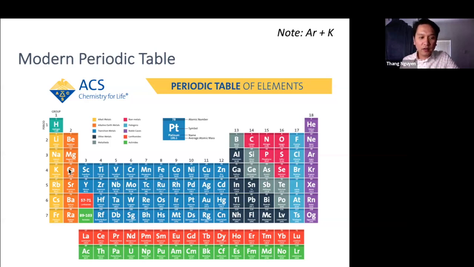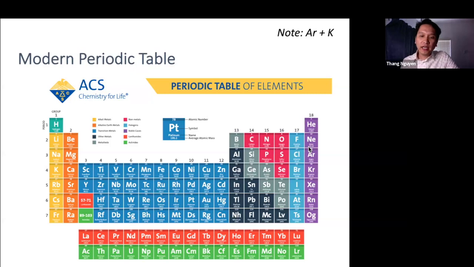So argon would have followed potassium, but it doesn't, because they noticed argon is a gas, first of all, and all of these are solid metals, like shiny things. So it doesn't make sense to put argon here. So what happens? It turns out it's not organized by mass per se, although in general it is by mass.